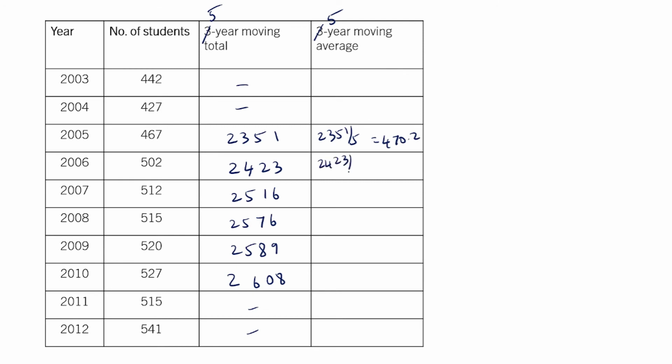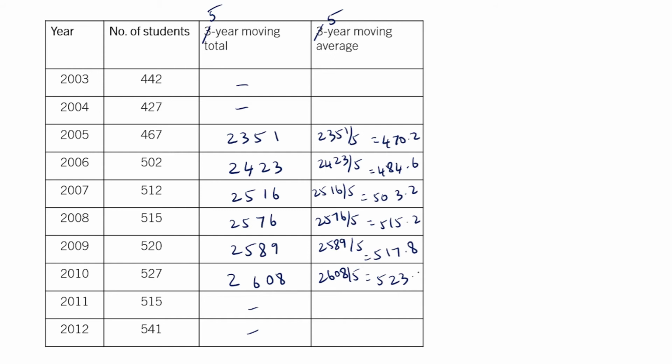Then 2423 by 5, it is 484.6. 2516 by 5, it is 503.2. 2576 by 5, it is 515.2. 2589 by 5, it is 517.8. 2608 by 5, it is 523.6. So these are the 5-year moving averages.